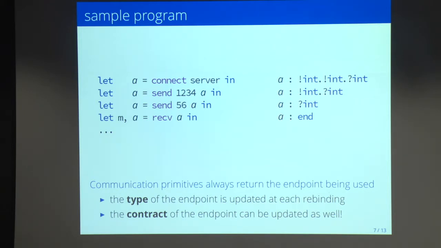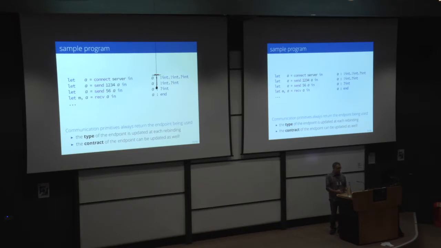This sequence of rebindings is necessary because the type of A, the type of the session endpoint, will change as we use the endpoint, as I've shown here on the right, where you can see these type annotations concerning the endpoint A. And so the idea is that we can exploit the same mechanism for updating not just the type of the endpoint, but also the contract associated with it.